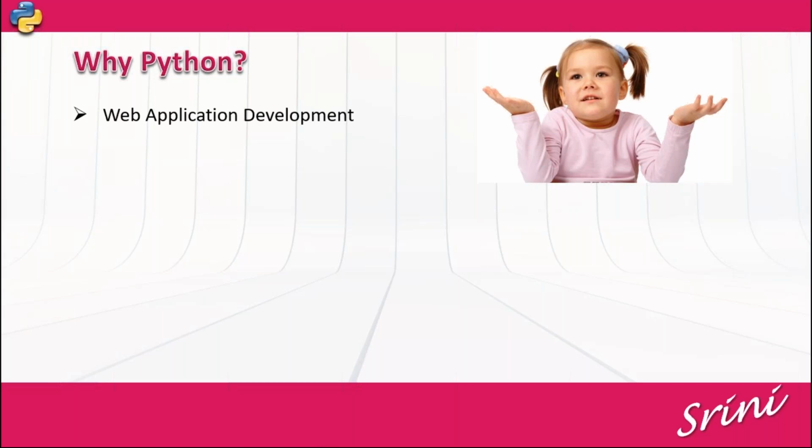With the help of any one of the Python web development frameworks, we can develop web applications, but Python is the language. What do you say about Java? Is Java used to develop web applications? What about C Sharp? Is C Sharp used to develop web applications? What do you say, guys?